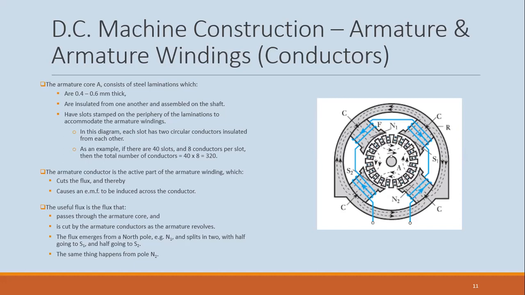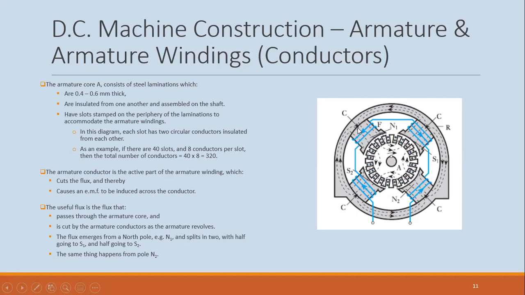All right. So the active part of the armature conductor is the part that would be cutting the flux, right? And you would have an induced EMF across that part, right? I think we mentioned useful flux when we were talking about mutual inductance.